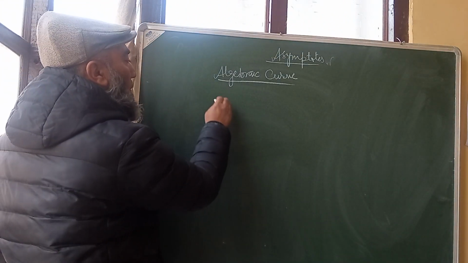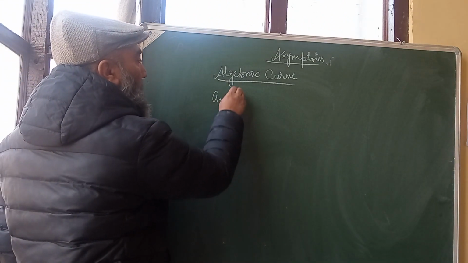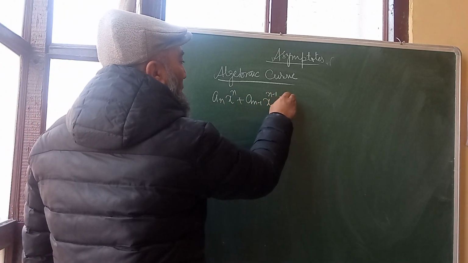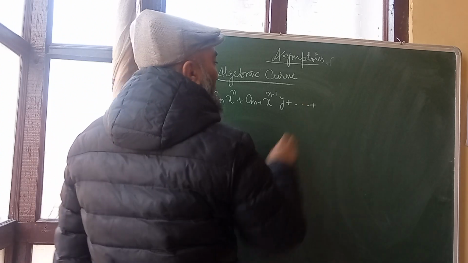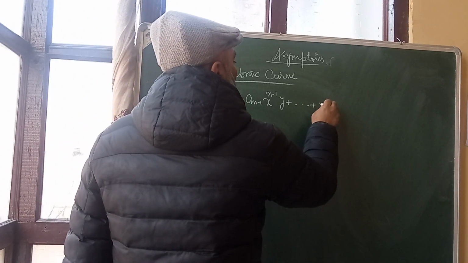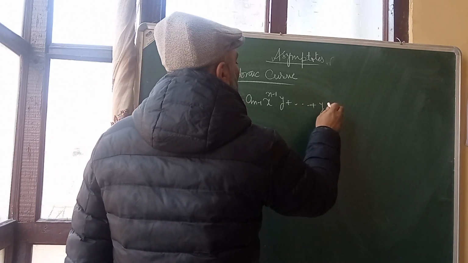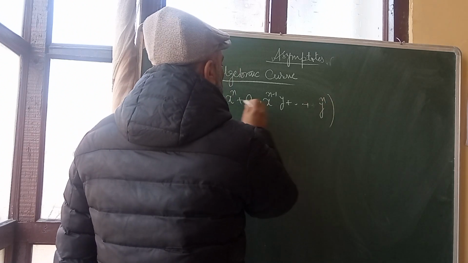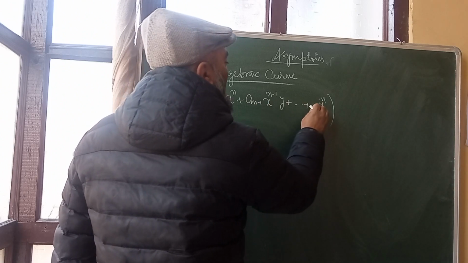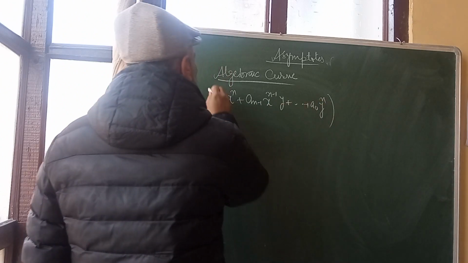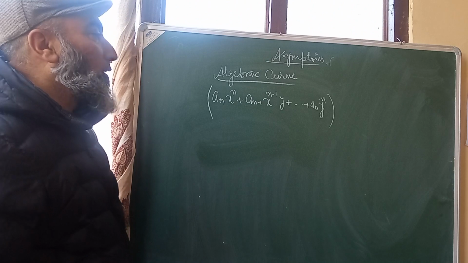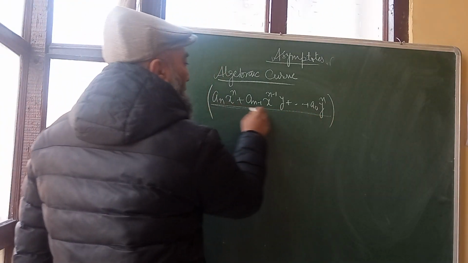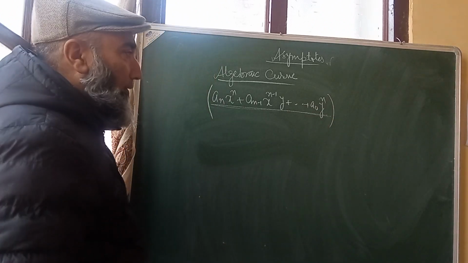You can see the terms: a_n x^n, a_(n-1) x^(n-1) y, and so on, up to a_0 y^n. Doesn't matter whatever you write, a constant times y^n. These are all terms having degree n.